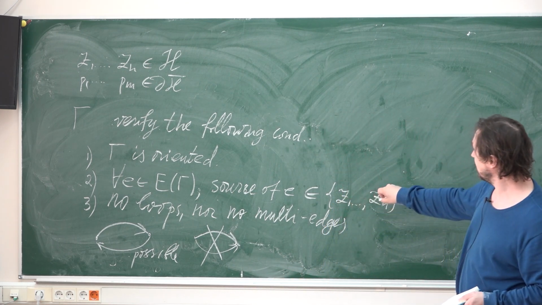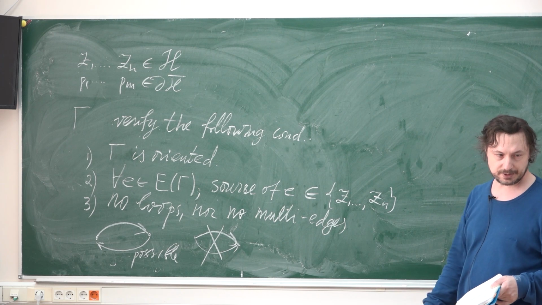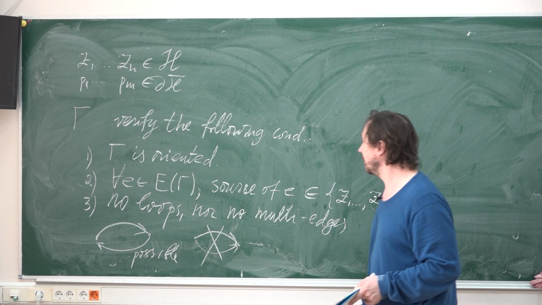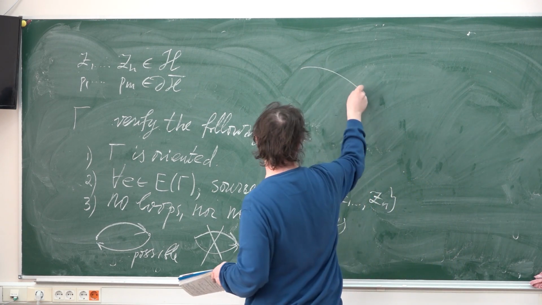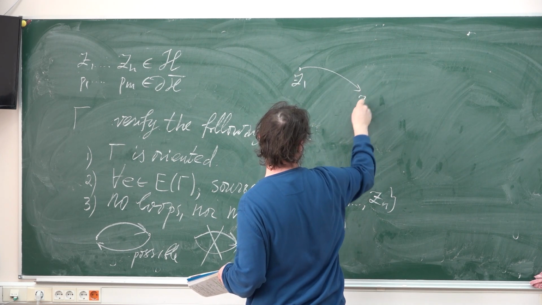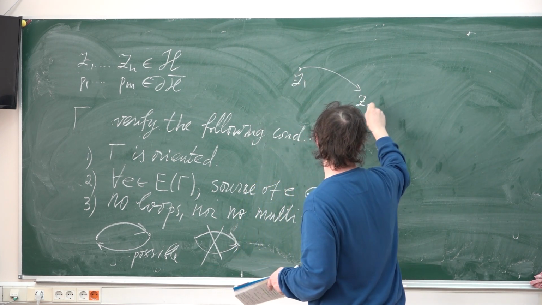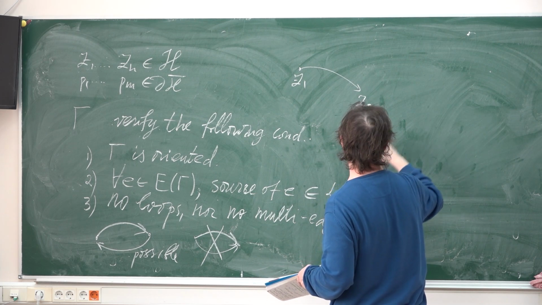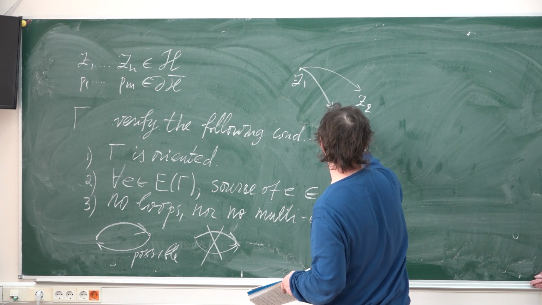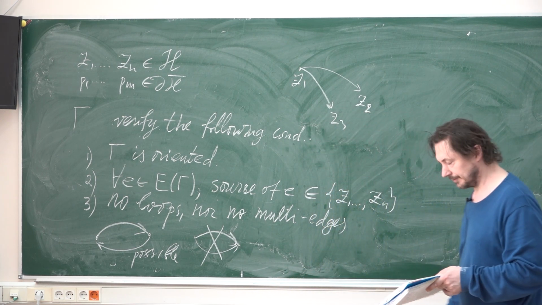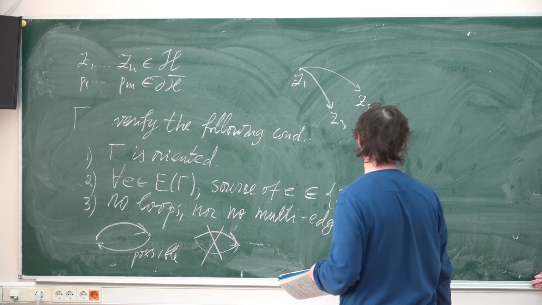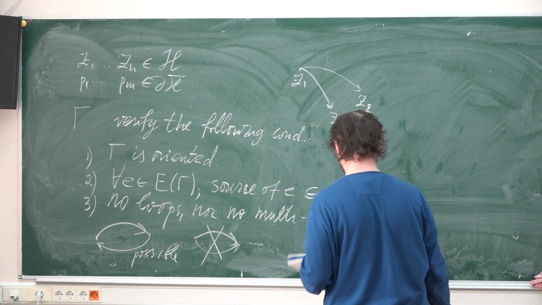I mean, the set of vertices is ordered, as I assumed, right? So I can say that, for instance, the edge which connects Z1 and Z2 precedes the edge which connects Z1 and Z3, and so on. So this is the oriented graph with an ordered set of vertices and an ordered set of edges.